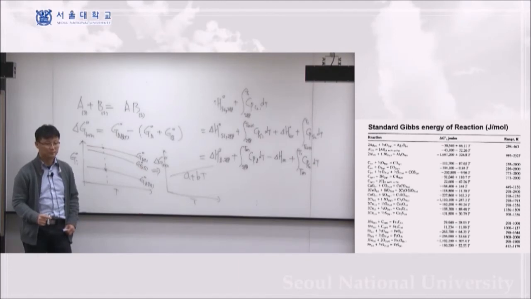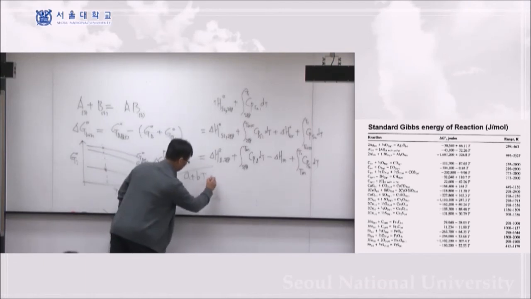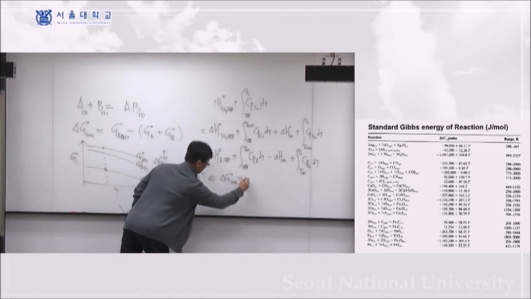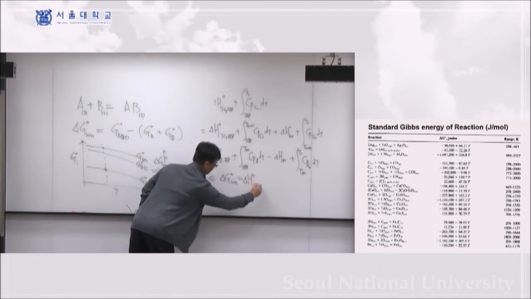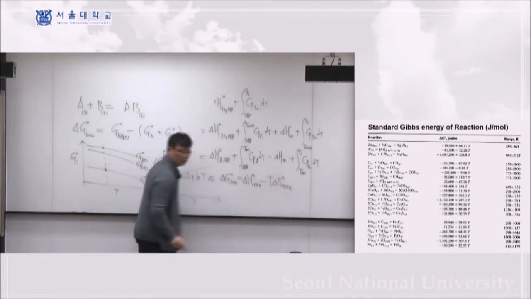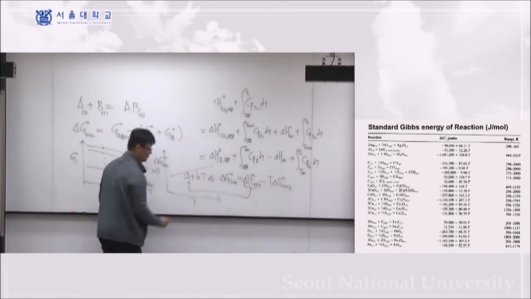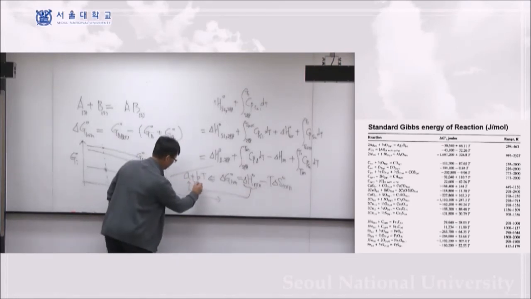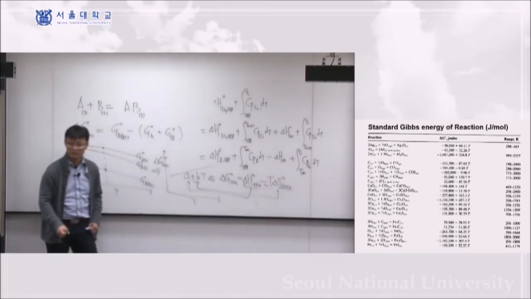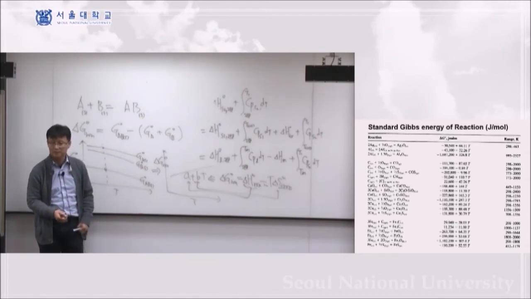Then delta G of reaction equals delta H of reaction minus T delta S of reaction. So we can take A equal to delta H, and B equal to minus delta S.